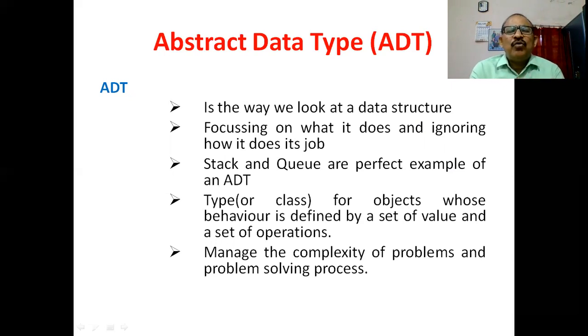We focus on the functions provided by the stack. An abstract data type focuses on what the structure does and ignores how it does its job, which means the implementation part of the structure.